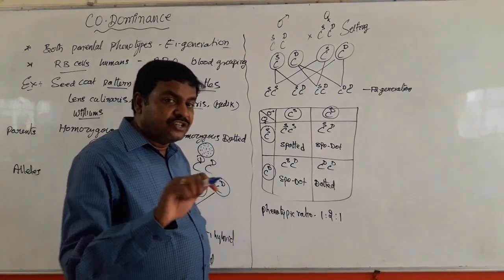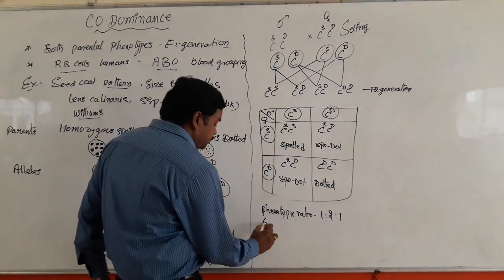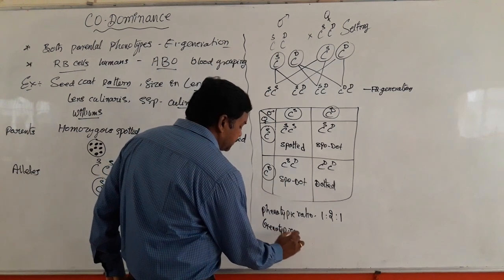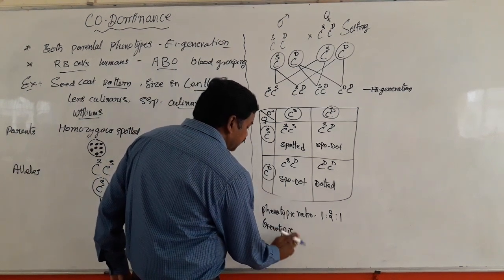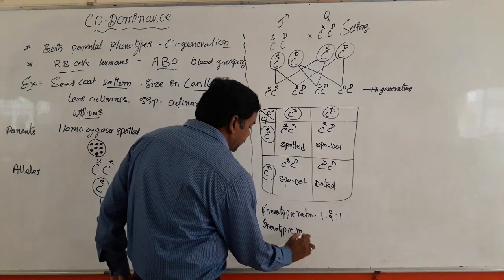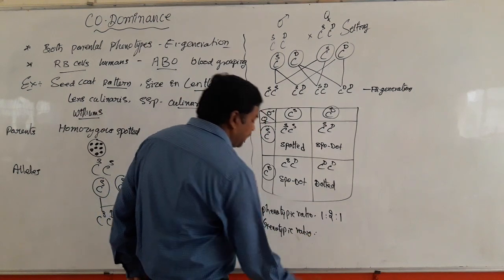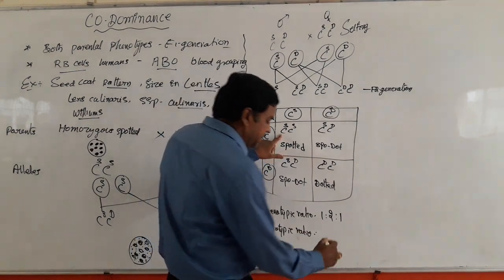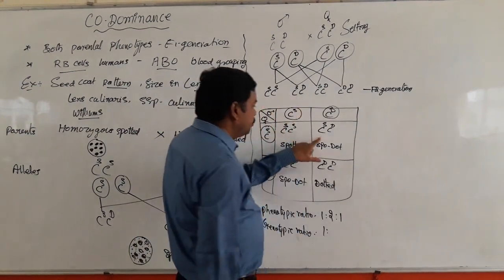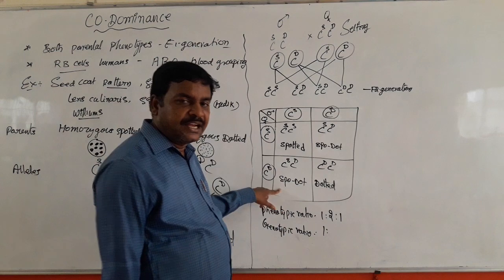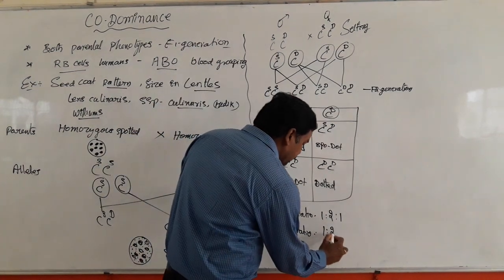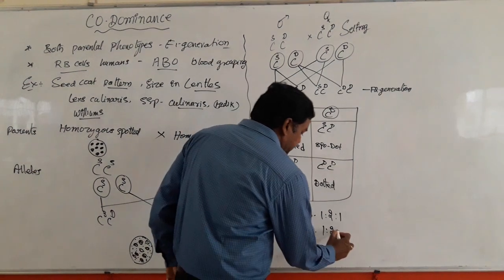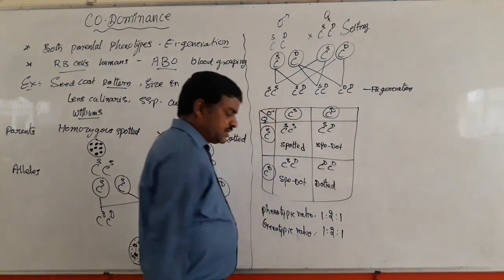But what about the genotypic ratio? Genotypically, these plants are also of 3 types. Genotypic ratio: one is CS CS homozygous, two plants are CS CD heterozygous, and only one plant is CD CD homozygous.